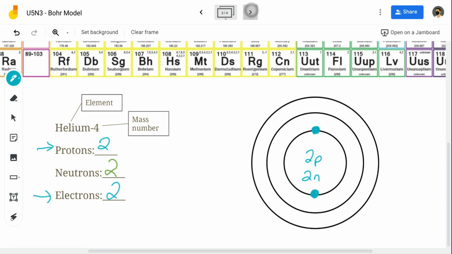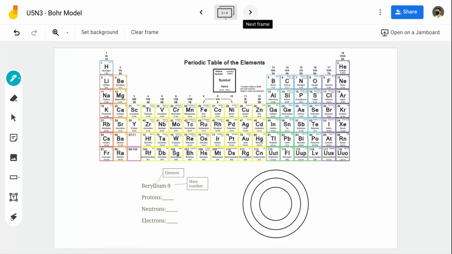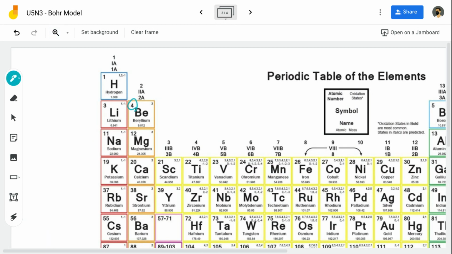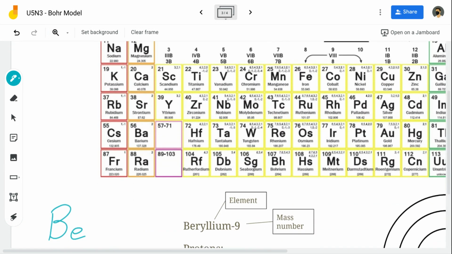For our second example, we have beryllium-9. And beryllium, we can look, it has the symbol of Be, and so we'll find it right here. And if we zoom in, we can see that the atomic number is 4, and then the mass number for this one is 9 based on how it's written.